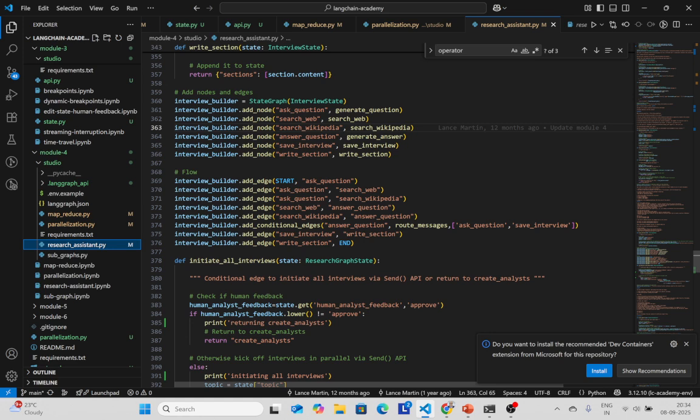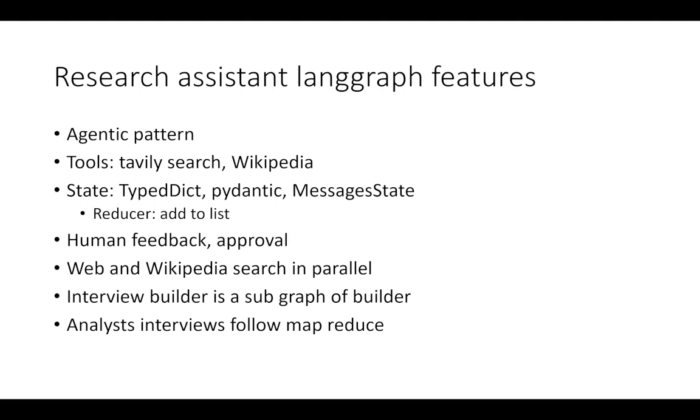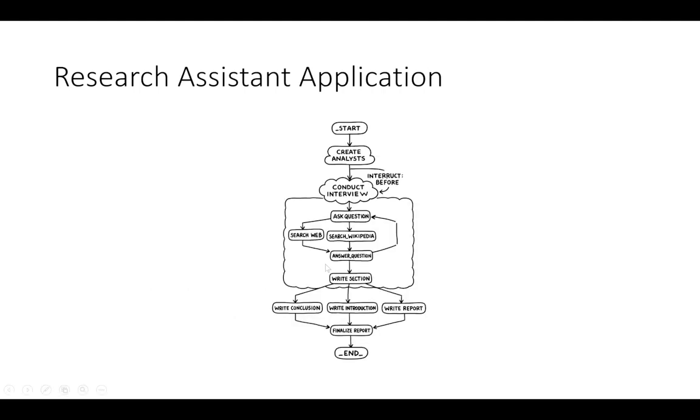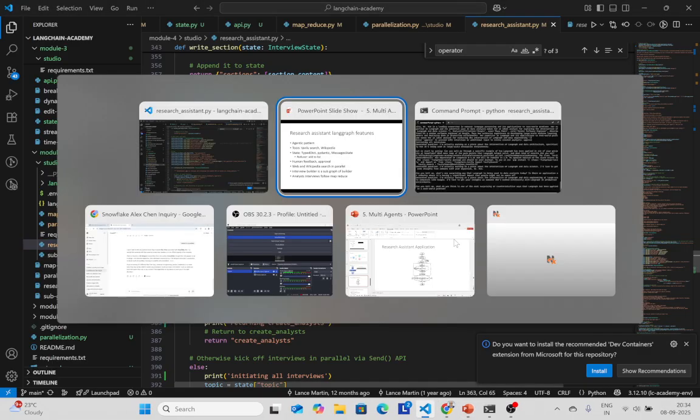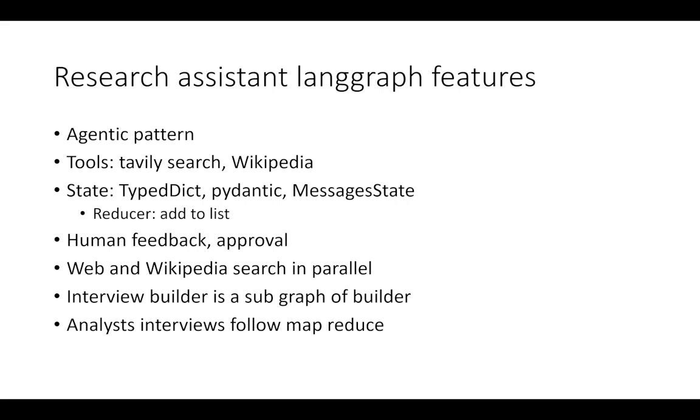So if you can see after the ask question, search web and search Wikipedia, right? They are in parallel, as you know, okay. And that you can also see from the graph, right? So after asking the question, search web and search Wikipedia are in parallel. So as you know, then we have to use the reducer, right? State reducer. So we have used that there, okay. So that is the parallelization, right?